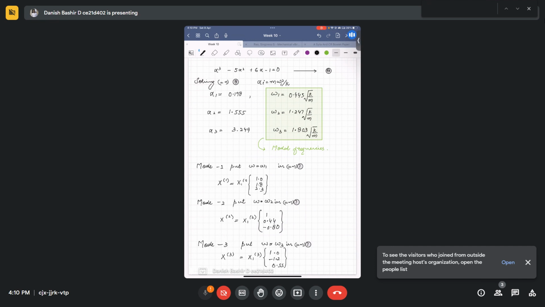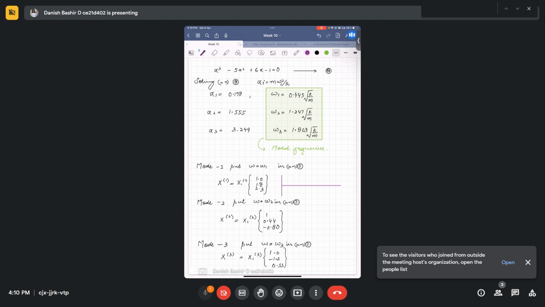Correspondingly, if we want to plot that also, we can do that. I'm doing it here. So the first mode shape will be like this. For example, we have this no-displacement axis here.